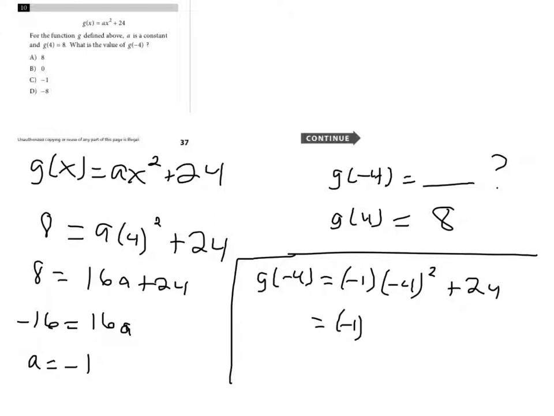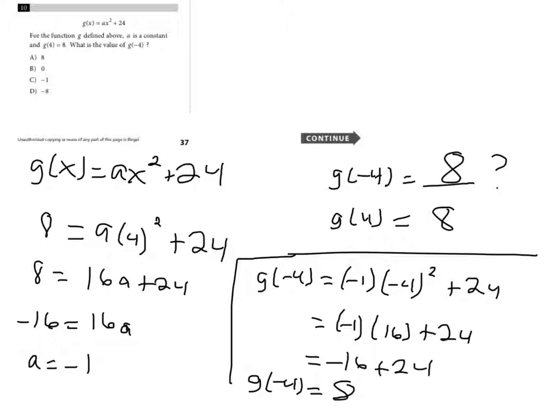Negative 4 squared is positive 16, but now we do negative 1 times 16. We find that g of negative 4 is equal to negative 16 plus 24. That would be 8, which gives us an answer choice of A. And that kind of makes sense. This being a parabola, ax squared plus 24, it makes sense that there is some symmetry there.